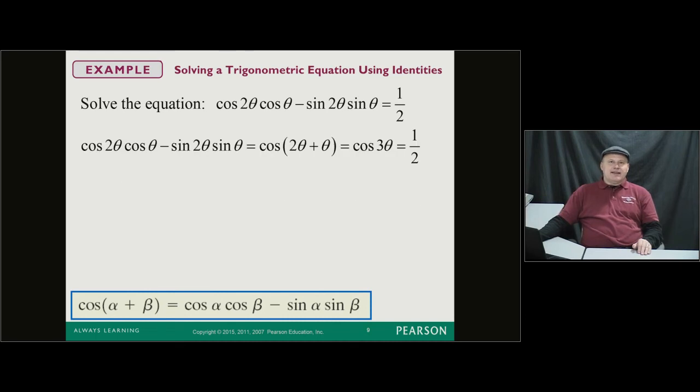So cosine of 2 theta, cosine of theta, minus the sine of 2 theta, sine of theta, all these are thetas, equals the cosine of 2 theta plus theta. And that's cosine of 3 theta. So if cosine of 3 theta equals 1/2, well, you know when the cosine is 1/2.